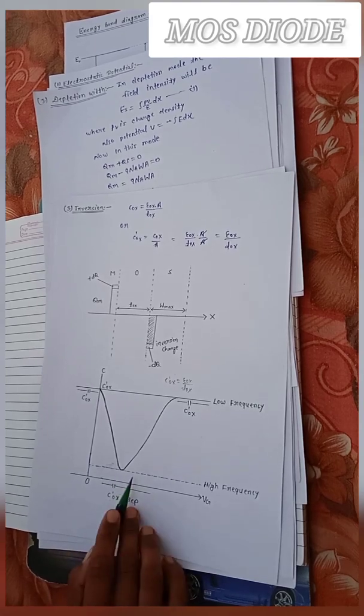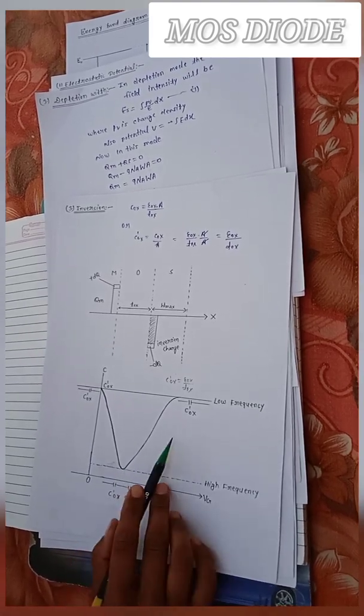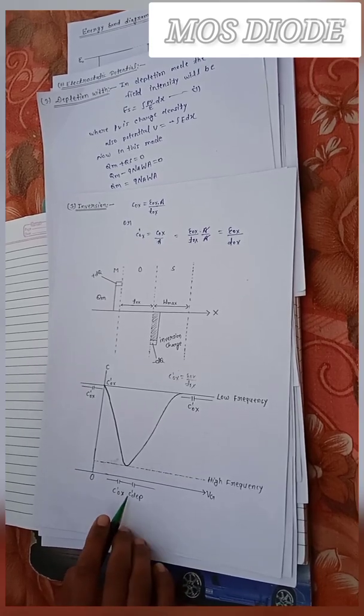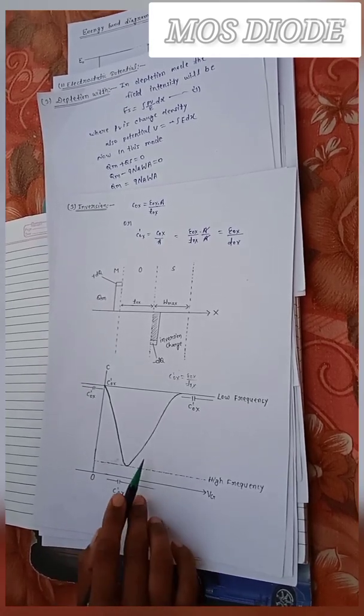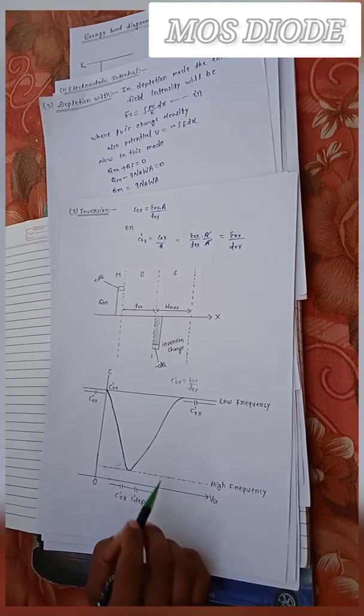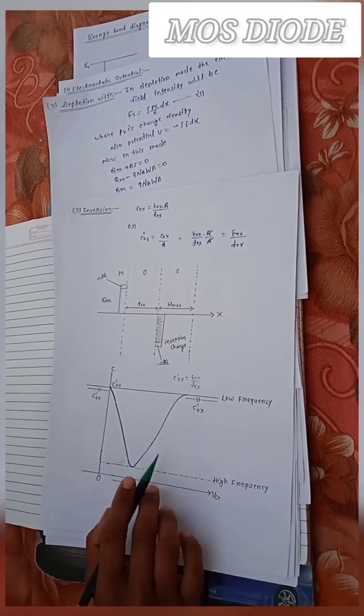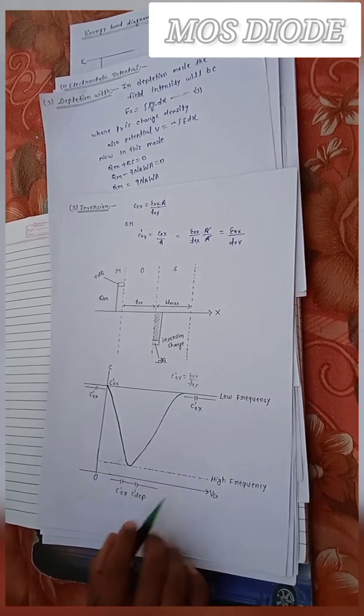So in operation in inversion mode, we have two categories: low frequency and high frequency, with a minimum capacitance.